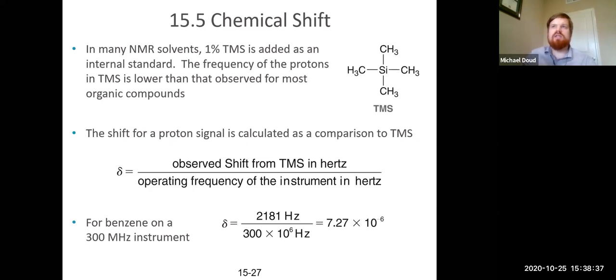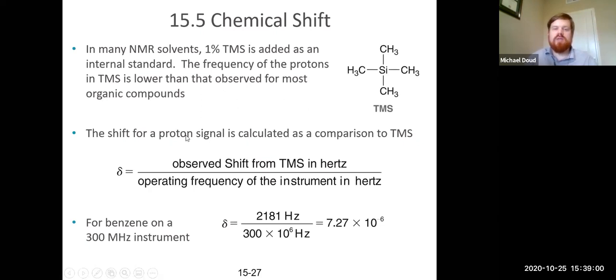Chemical shift is a way of giving us a number on the x-axis, below the NMR spectrum, a way of counting one signal from another. And we calculate this proton shift relative to something else.